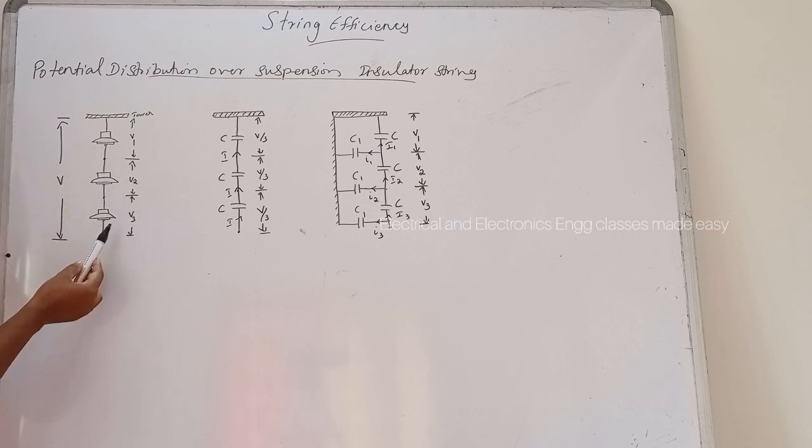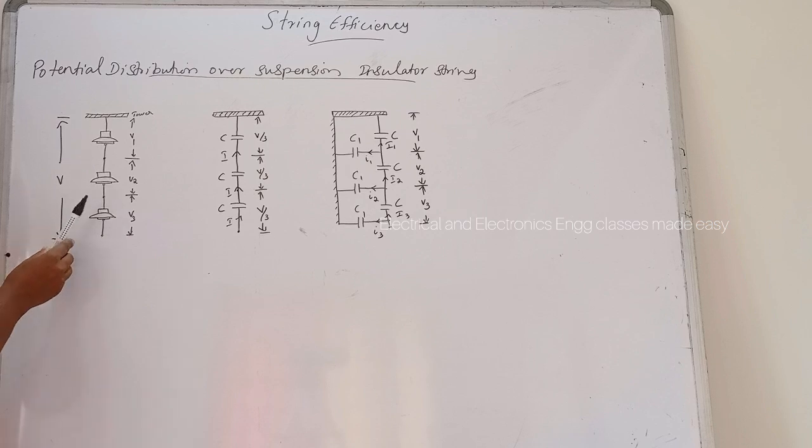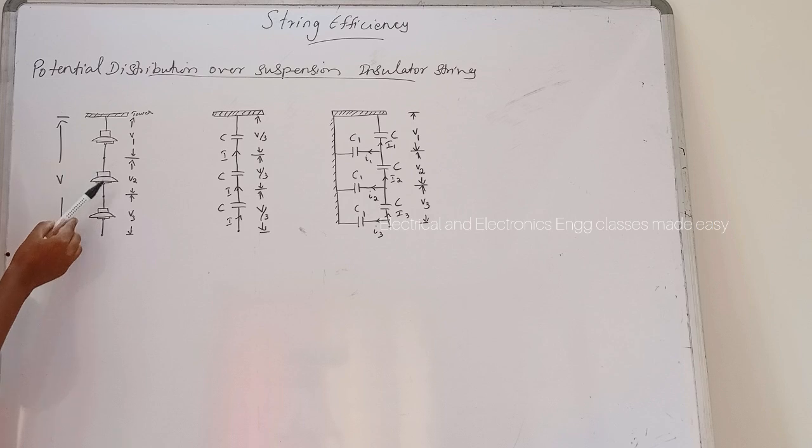So here there is a three-disc string of suspension insulators, and the porcelain portion of each disc is in between two metal links. So this is the porcelain portion and these are the metallic links.